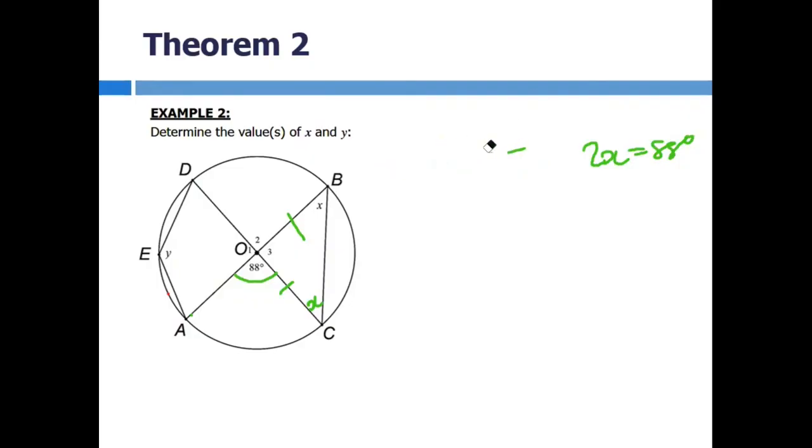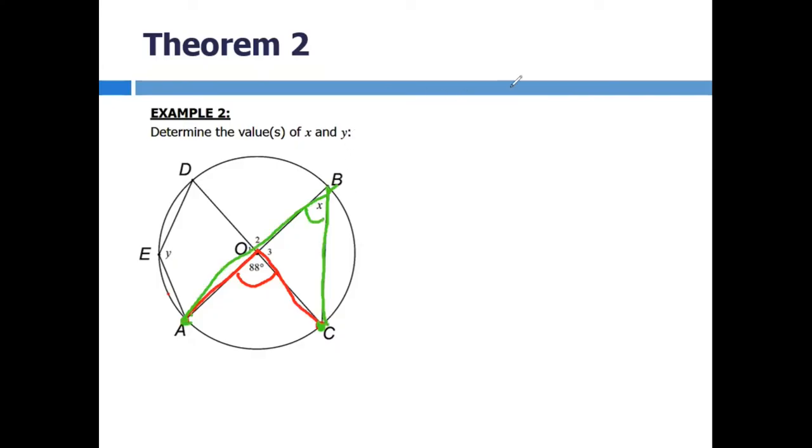But because I want us to practice this new theorem and I want us to spot it if it does come up, I'm going to go back to this new theorem. So basically, if you were to put your fingers on the point A and point C, I can go to the center from A and C, and that is 88 degrees. Okay, I can also from A and C go to the circumference, which is x.